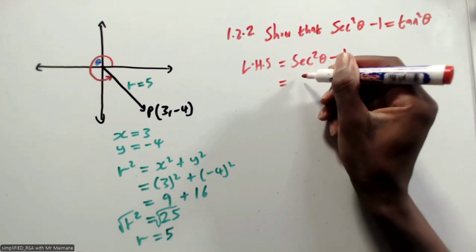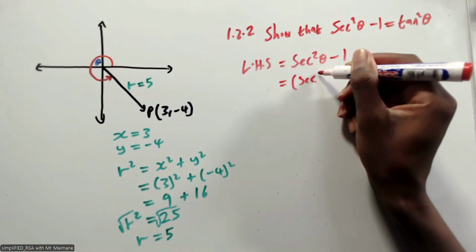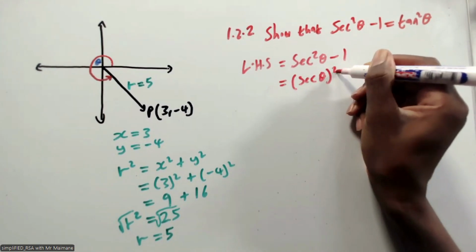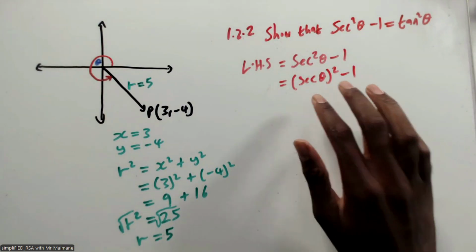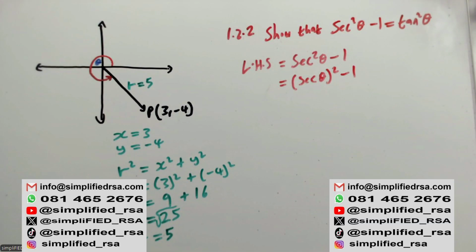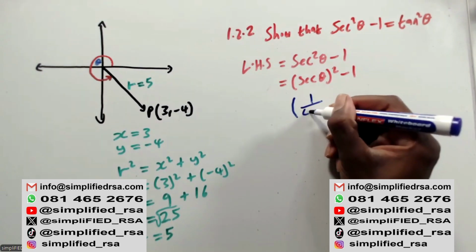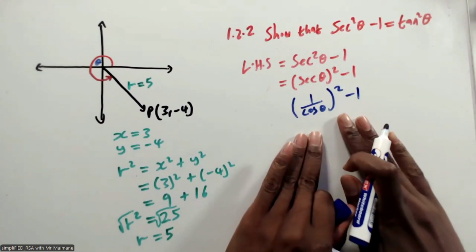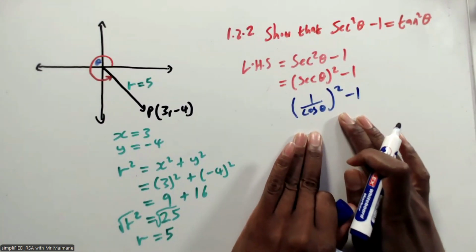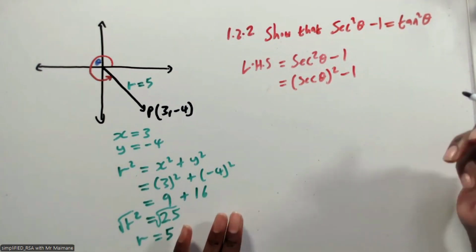And I know that sec squared theta is the same as sec theta squared minus 1. Now, there are many ways to attempt this question. One may substitute 1 over cos theta, squared, minus 1 and then approach this in terms of theta. But there are many ways to approach this. Let me show you another awesome way.